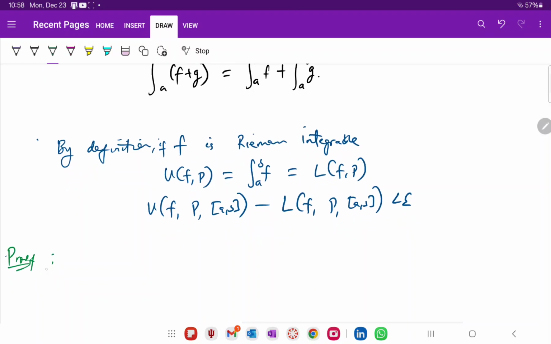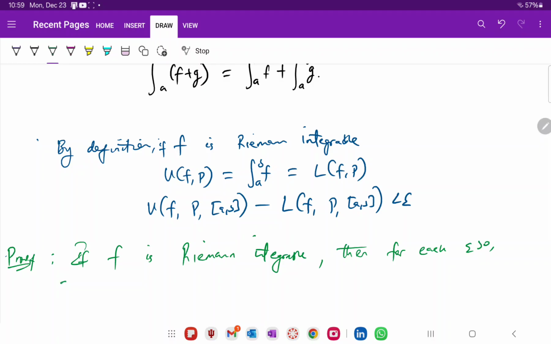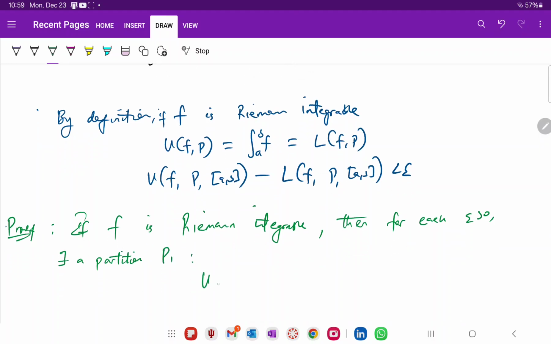If f is Riemann integrable, then for each epsilon greater than 0, there exists a partition, let's say P1, such that this holds.